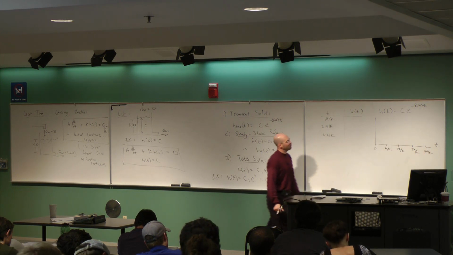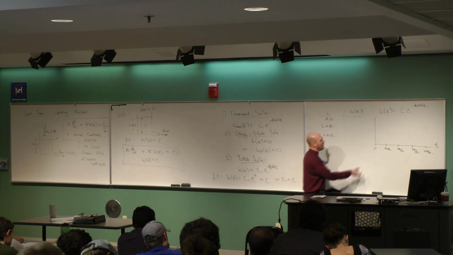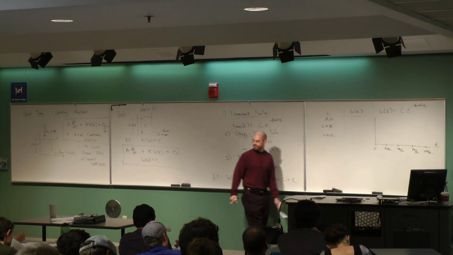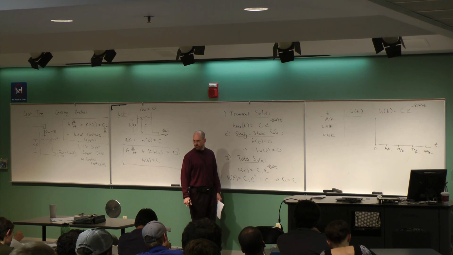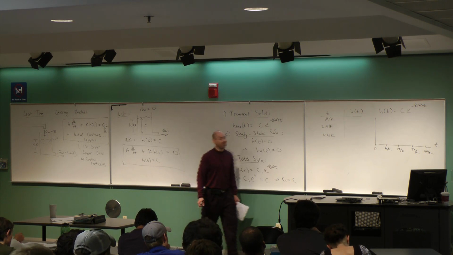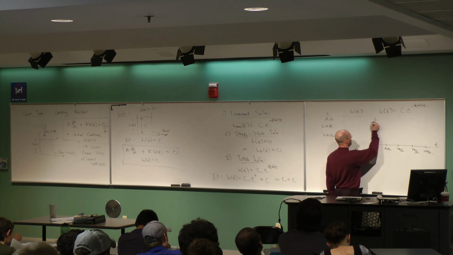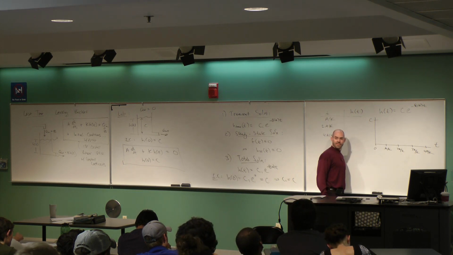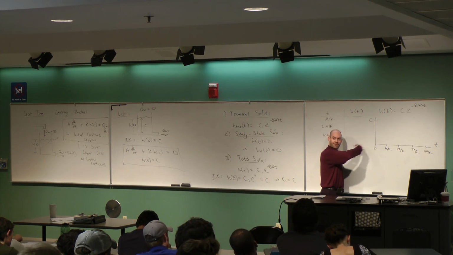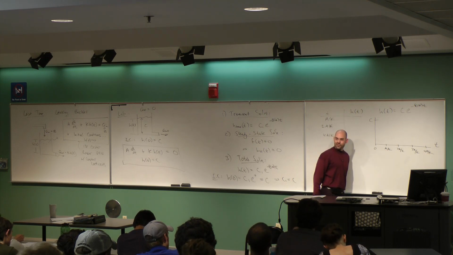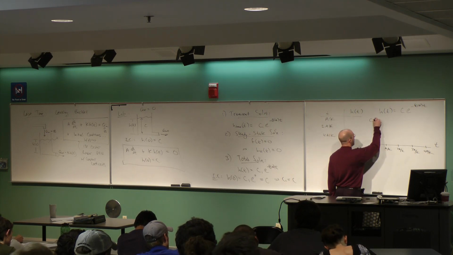And what about the y-axis for h? C is the starting point, right? So to get a good picture here, let's put C all the way up here. The initial condition is always the dot on the y-axis. So here's where I am.